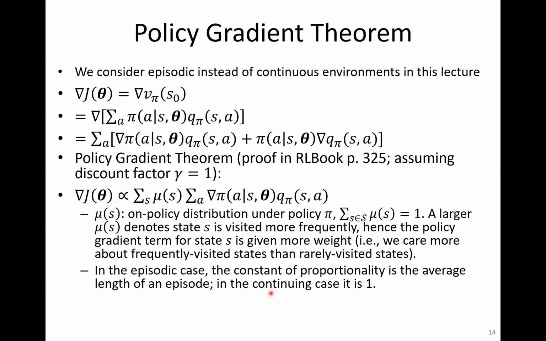So here's the policy gradient theorem. We only focus on the episodic case. For the continuous case, the derivation process is different, but the final formulas are the same. So here's the derivative. This V pi is the expectation over all the actions of the probability of the action times the Q pi.